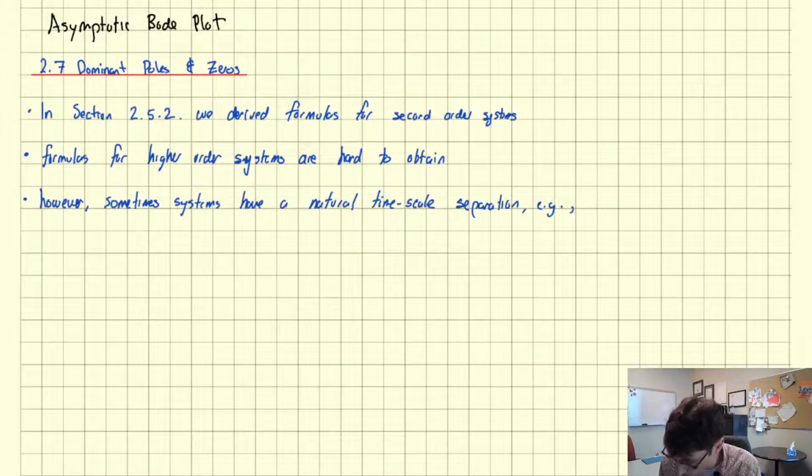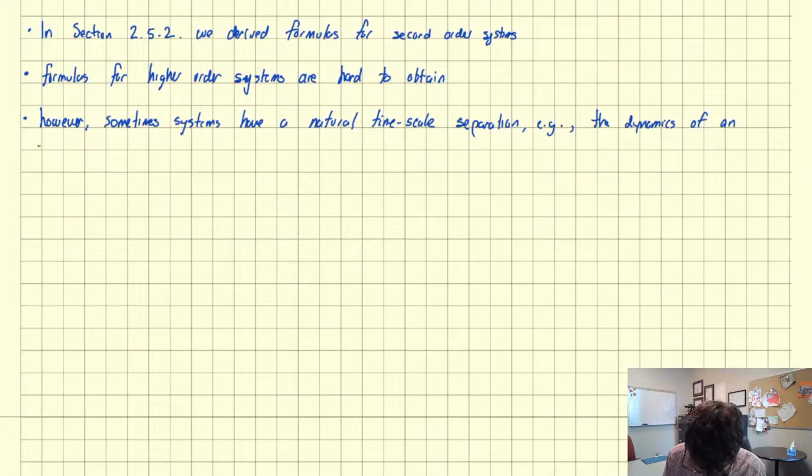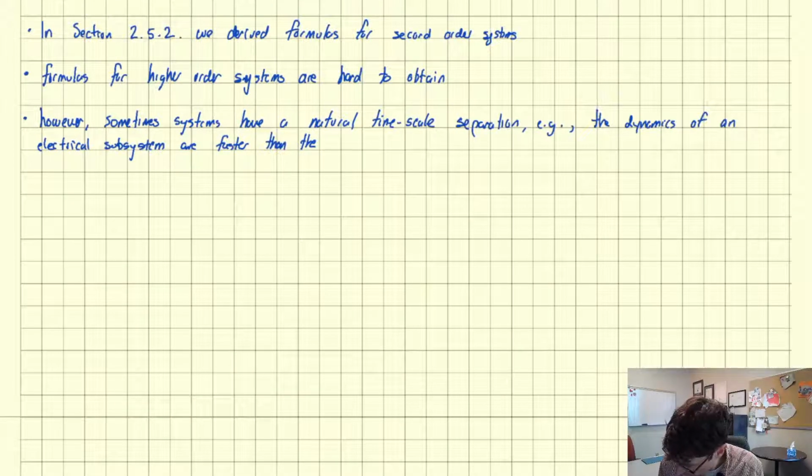Example, as we saw before, the dynamics of an electrical subsystem are faster than the dynamics of the mechanical subsystem.